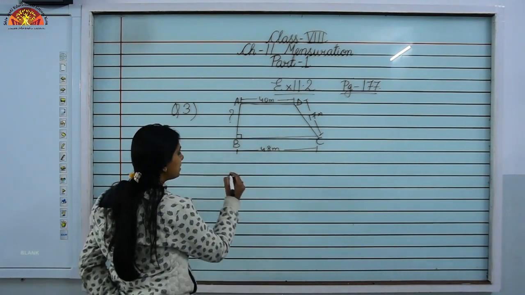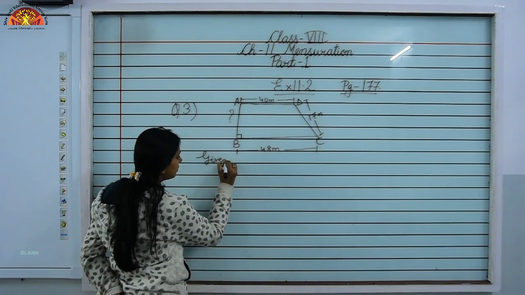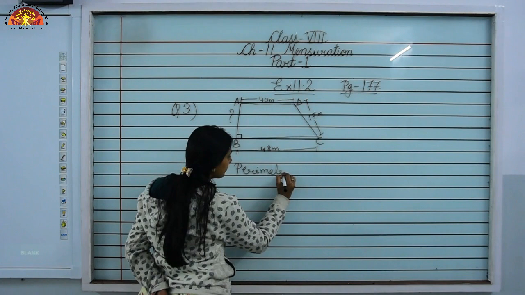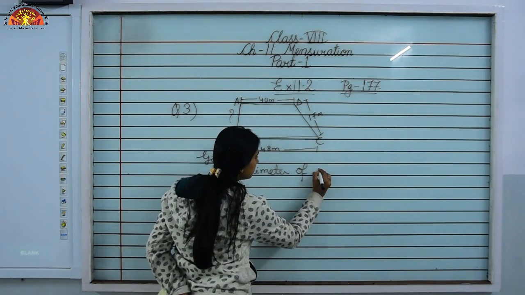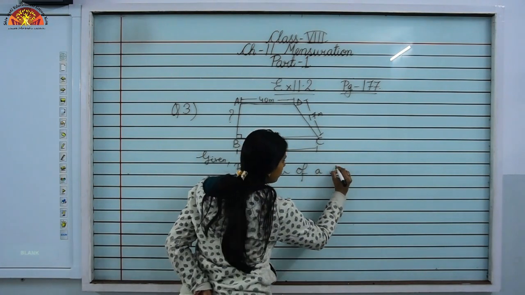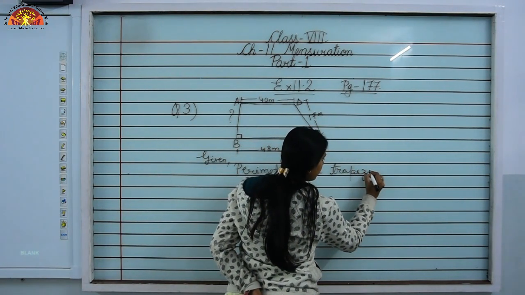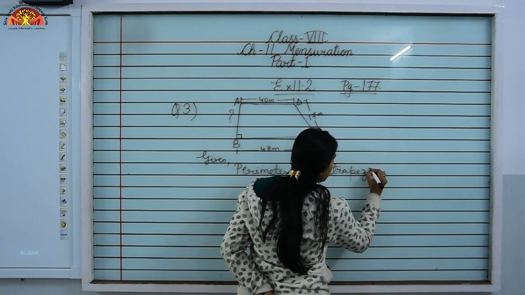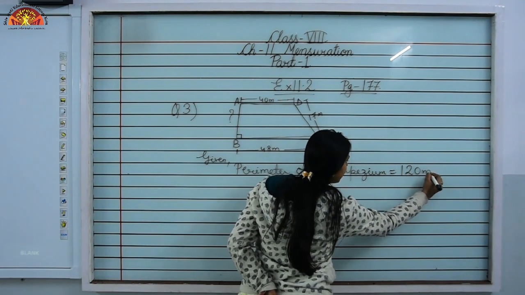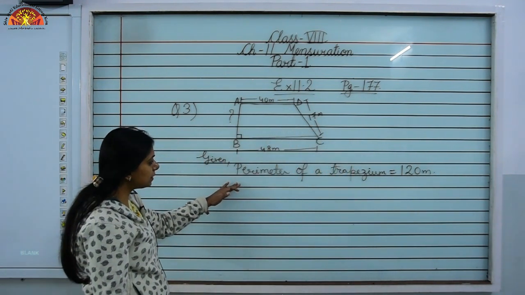So you can just write it down that given, perimeter of a trapezium is equal to 120 meters. Perimeter of a trapezium is equal to 120 meter.